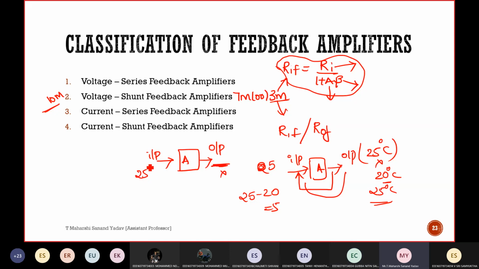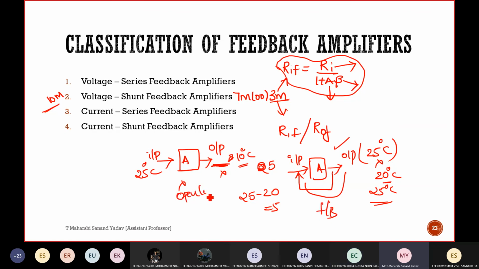Whereas without feedback, if I want 25 but got 10, do you know whether the output is correct or not? No, because you can't see how much output you got. That's the main disadvantage. That's why we go with feedback: output can be controlled by means of input. That's the main advantage of feedback.